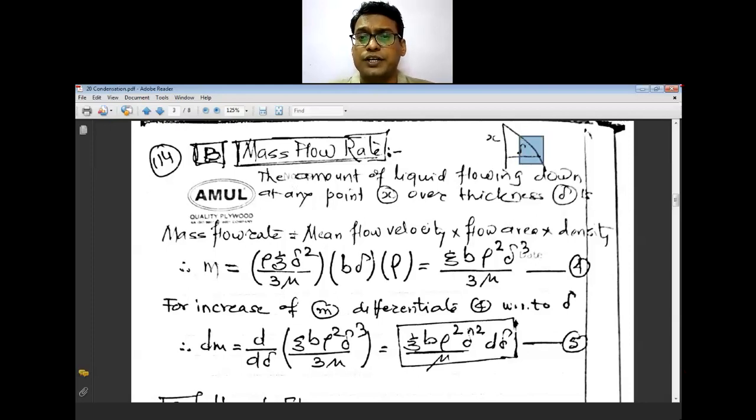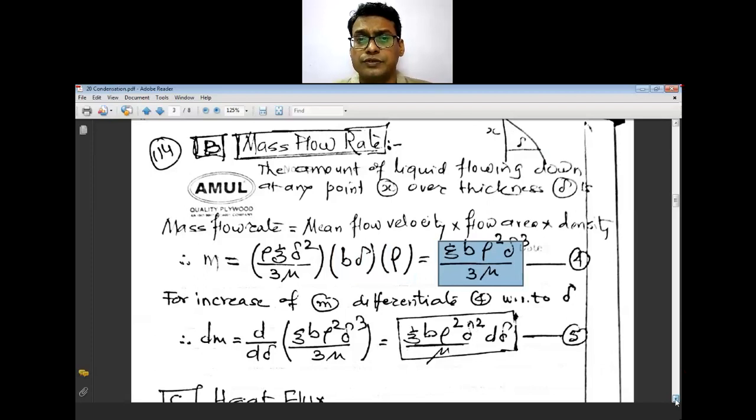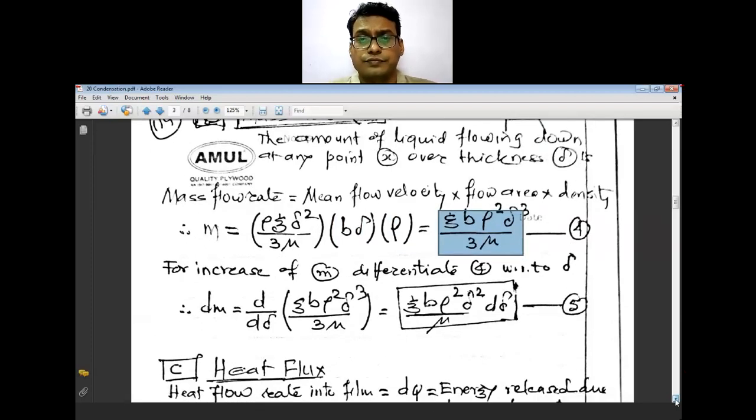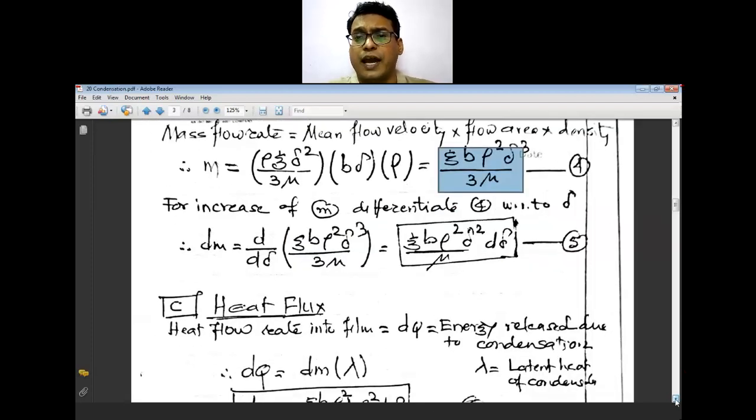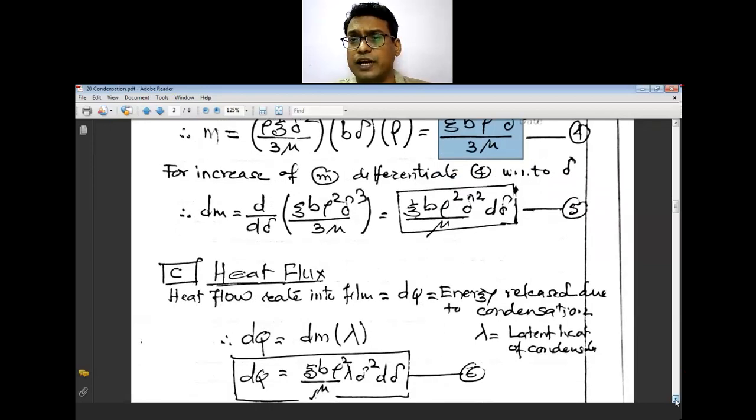So mass flow rate is equal to the mean flow velocity into the flow area into the density. For the increase of m, differentiate dm upon d delta. You get g rho square delta square upon mu into d delta.